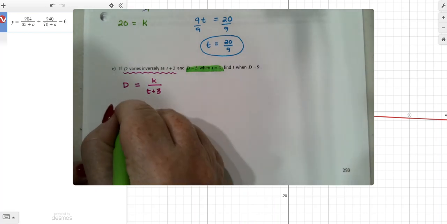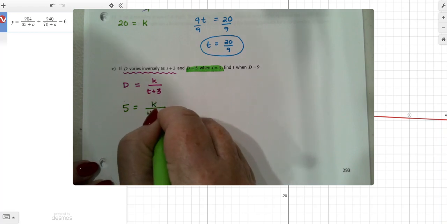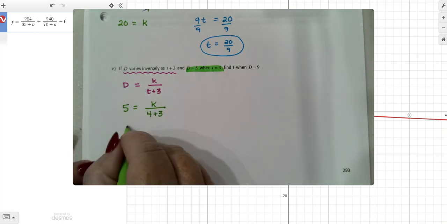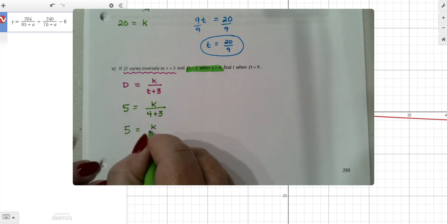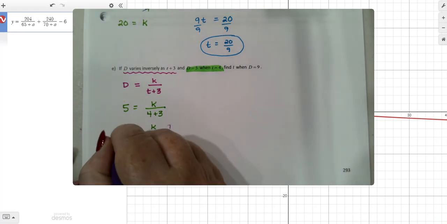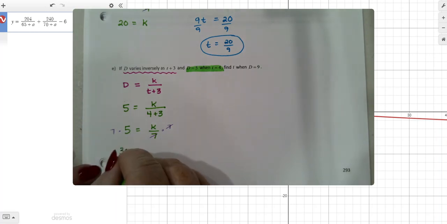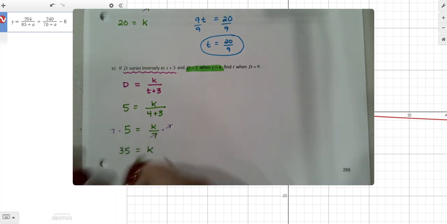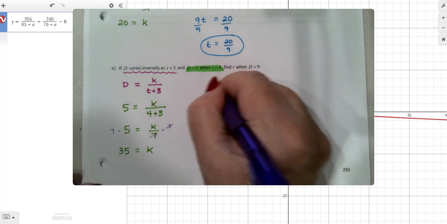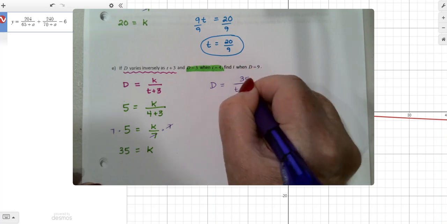So 5 for D, 4 for T. So I have 5 equals K divided by 7. And if I just multiply both sides by the 7, I get 35 for K. All right, so my variation equation now is D equals 35 over T plus 3.